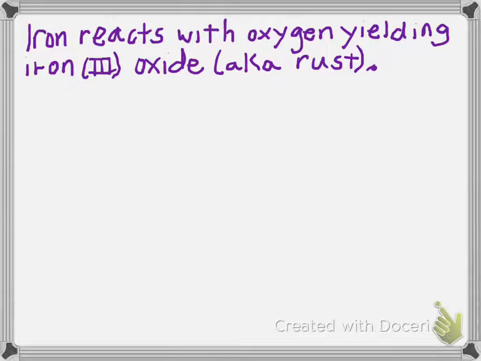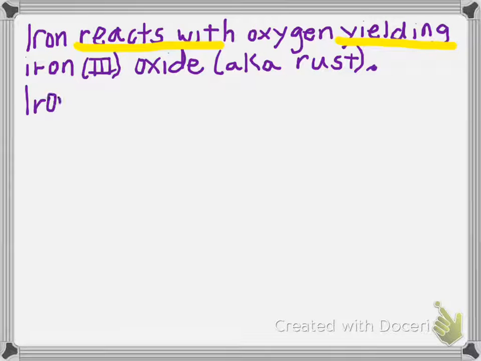Our second example, again, another one that you've already seen on your outline and in our chapter: iron reacts with oxygen yielding iron 3 oxide, also known as rust. So again, reacts with and yielding, those are going to become symbols in our word equation.